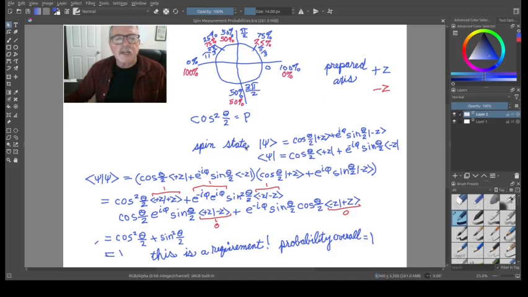The spin state can be represented as a ket vector. A vector has components, right? Well, we have components which are plus z and minus z. That means there's only two dimensions, right?